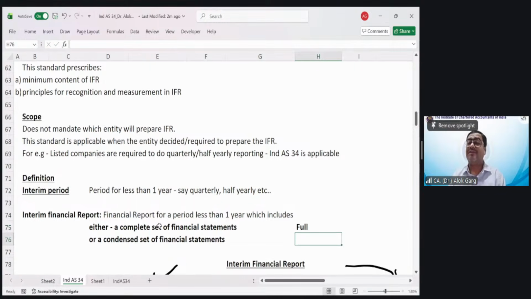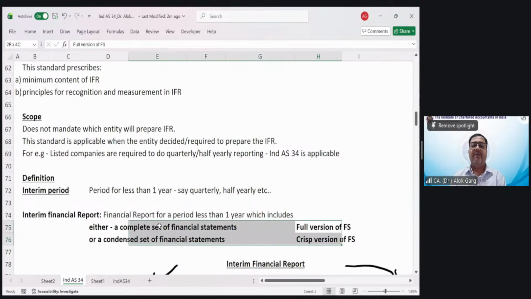And as the word suggests, condensed means crisp, a crisp version. So a complete set of financial statements is the full version, and condensed means the crisp version of the financial statements.